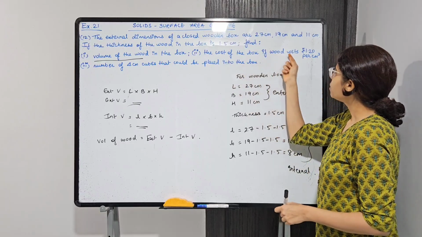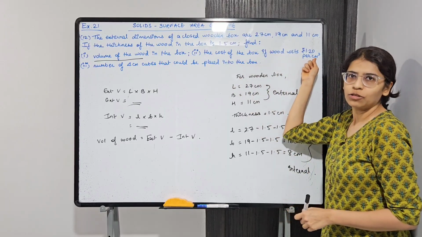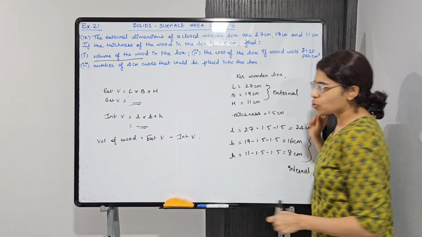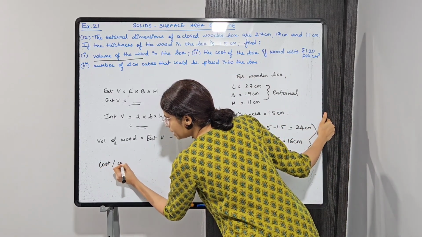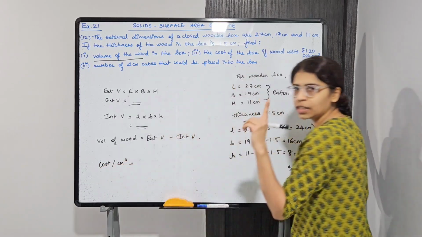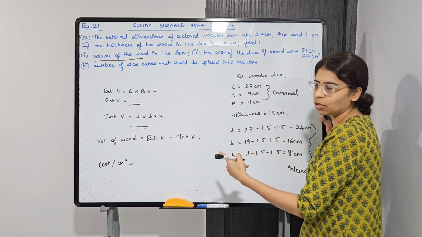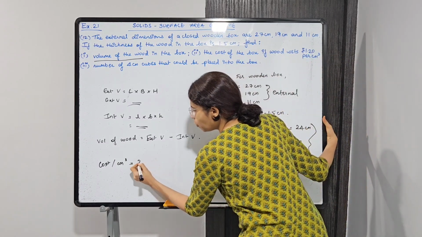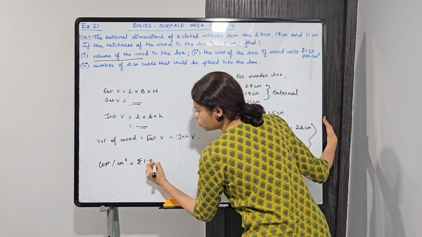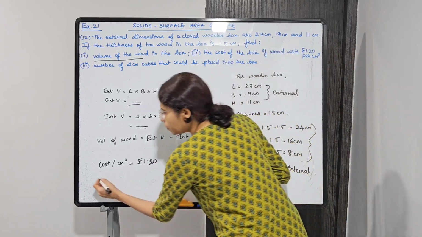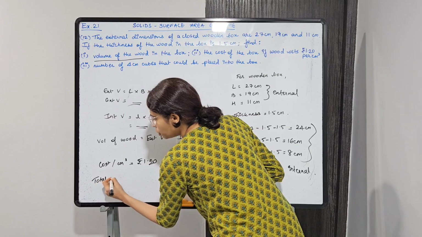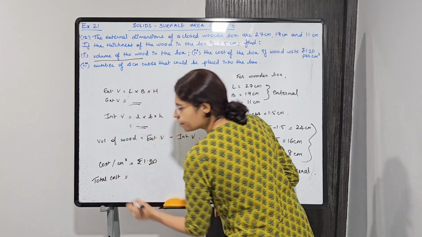Cost of the box if wood costs rupees 1.20 per cubic centimeter. So the cost per cubic centimeter is given. 1 cubic centimeter का cost दिया हुआ है, it is rupees 1.20. So what will be the total cost of the wood required?